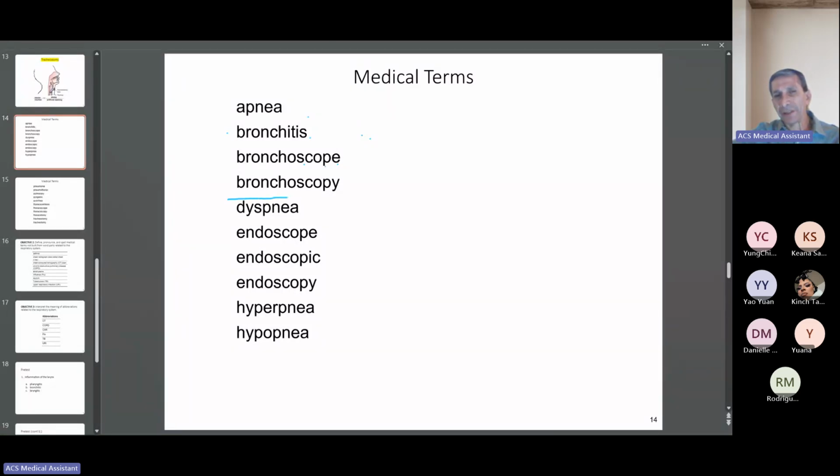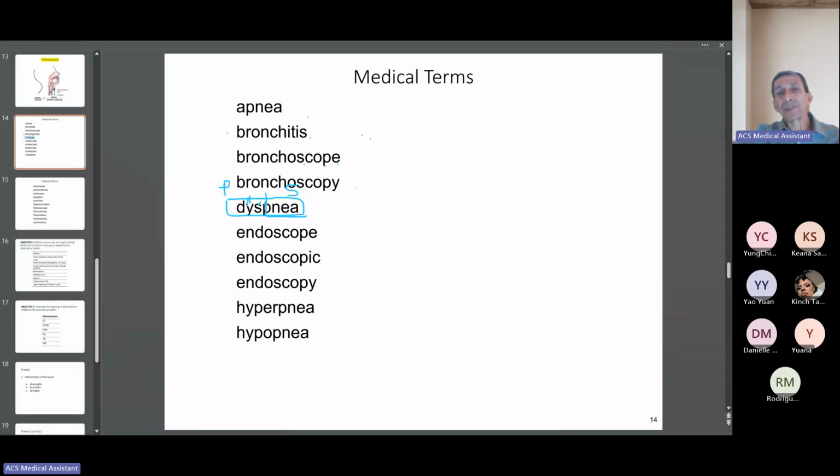Here we're going to have another term. It's called dyspnea. Now we know what apnea is because we already learned it. Remember apnea: no breathing. So apnea means breathing, right? If apnea is the suffix, then dys is a prefix. What does this mean? Abnormal, difficult, painful.